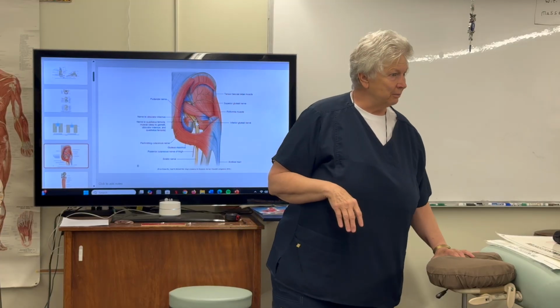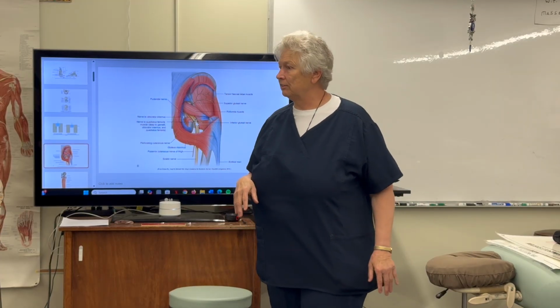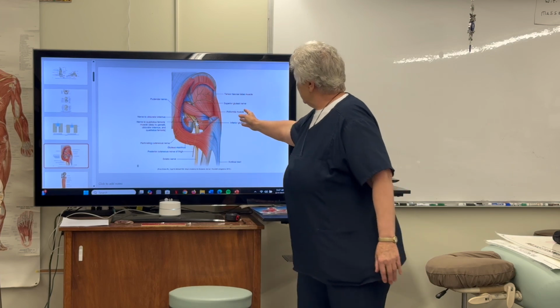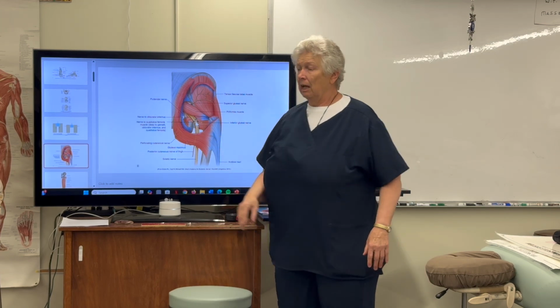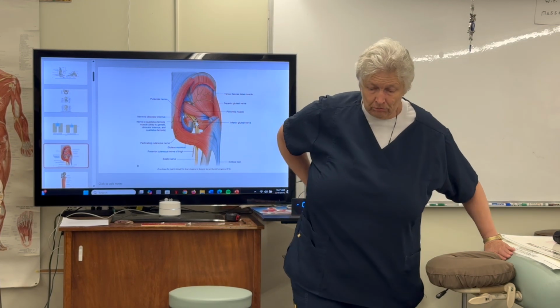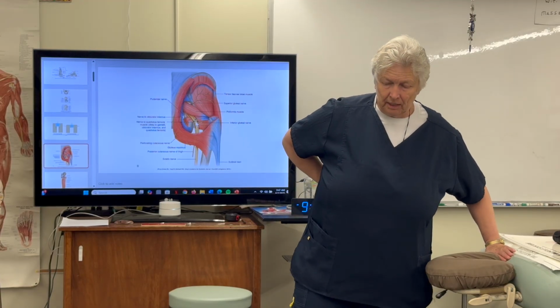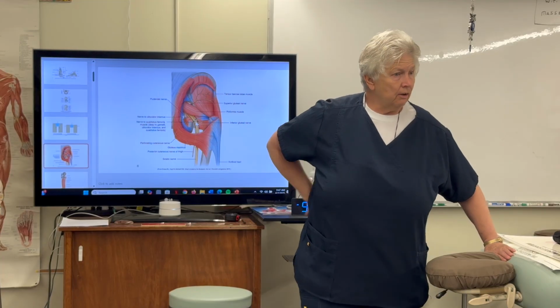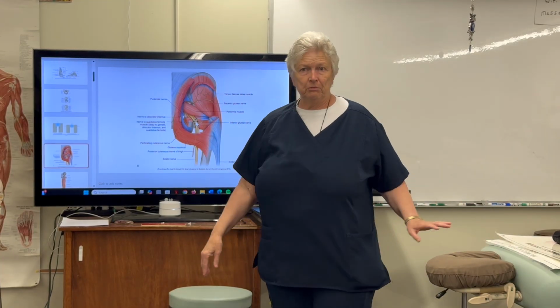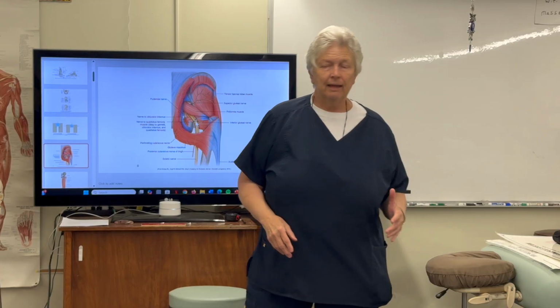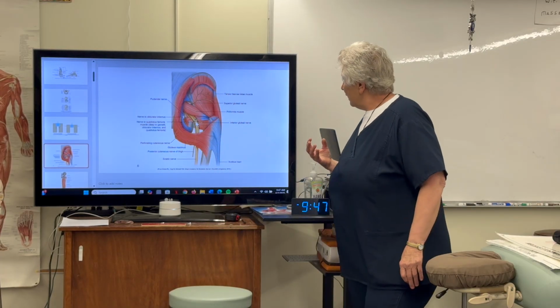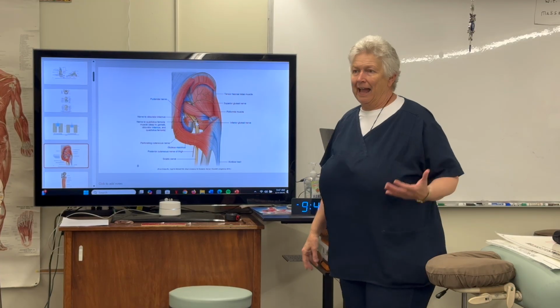It's going to be involved with internal and external rotation. These are on the outside, the corresponding groups, the adductors, on the inside. If you've got a triangular shape to them, they're going to be involved more with abduction and adduction.